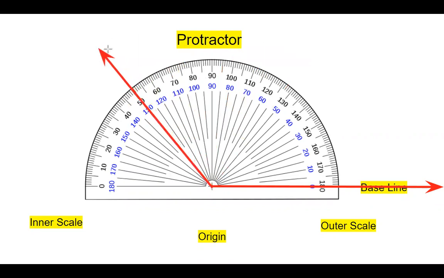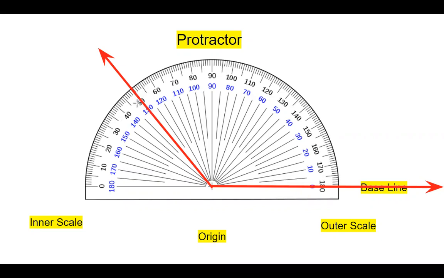So let's say you start at 0. You have to start counting 10, 20, 30, 40, 50, 60, 70, 80, 90, 100, 110, 120, and 130. So this angle will be recorded as 130.